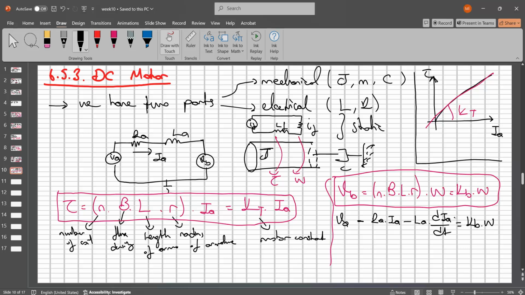And so, how about the mechanical part? This is the electrical part, and this is the mechanical part. So, how can we write the mechanical part?